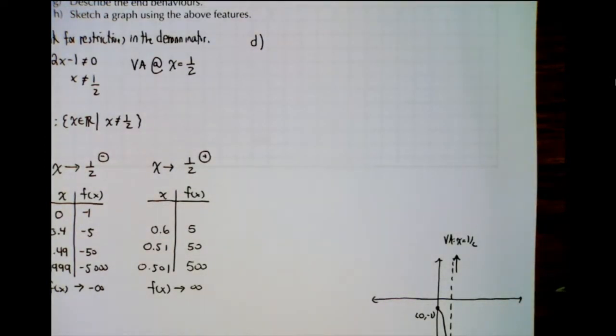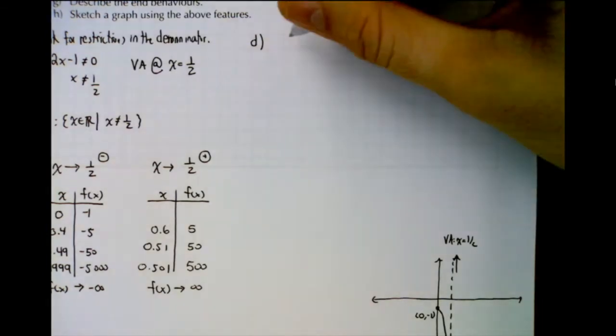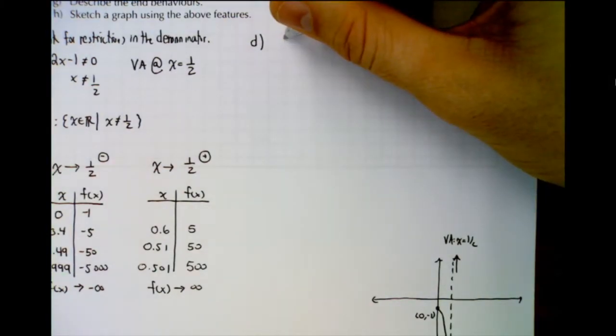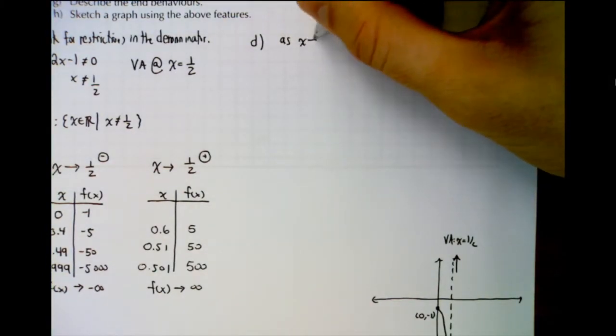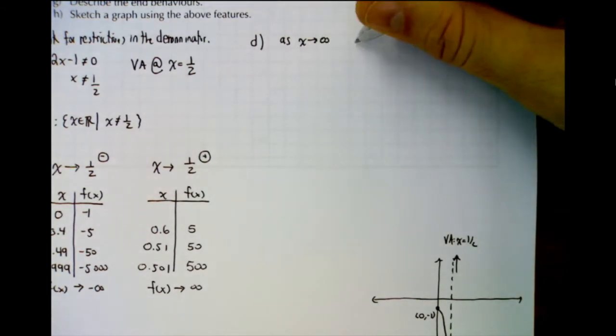And the question is, do we get them from above 0, so positive, or from below 0, or negative? Well, that's where the test comes in handy. So we can test for a horizontal asymptote by looking at what's happening to f of x as x approaches infinity.